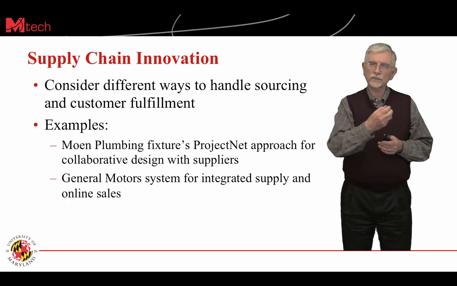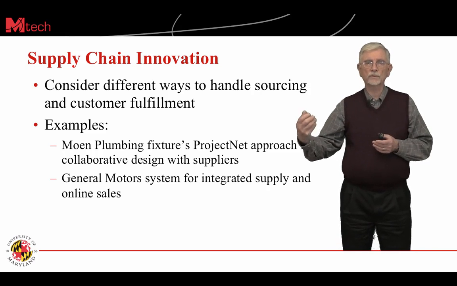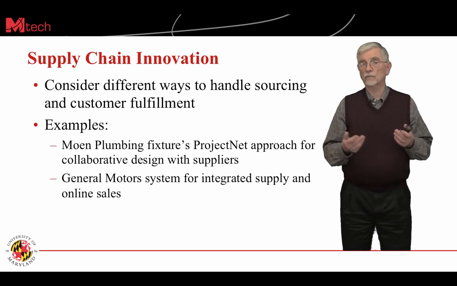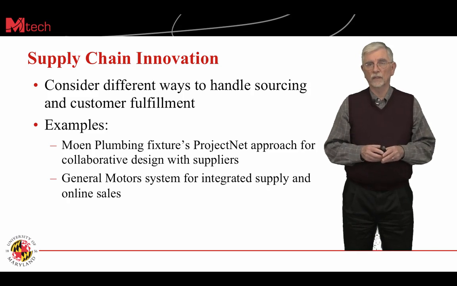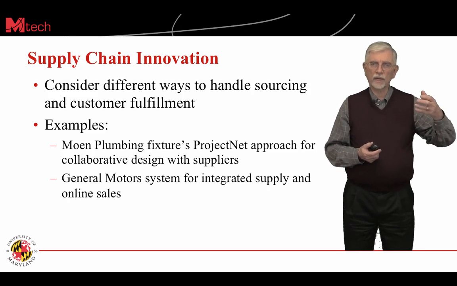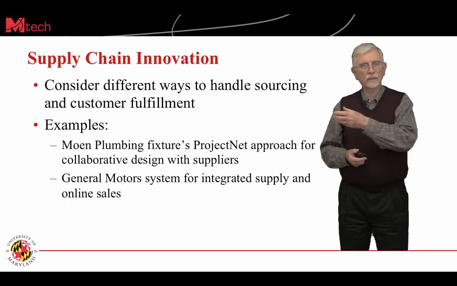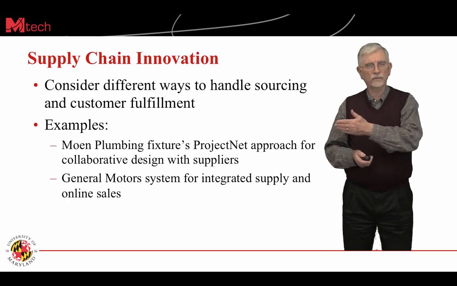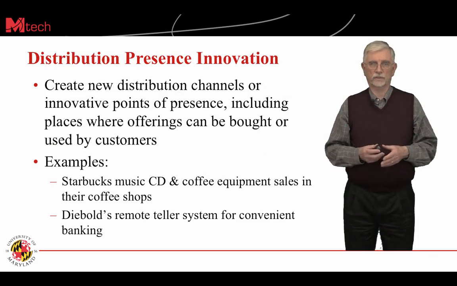So they have a relationship in the supply chain where they produce it, and they have a relationship with the people who actually sell to customers. And General Motors has a system for integrated supply and online sales. So there's a connection between the manufacture of an innovative idea and the consumption and the use of that idea in the marketplace.